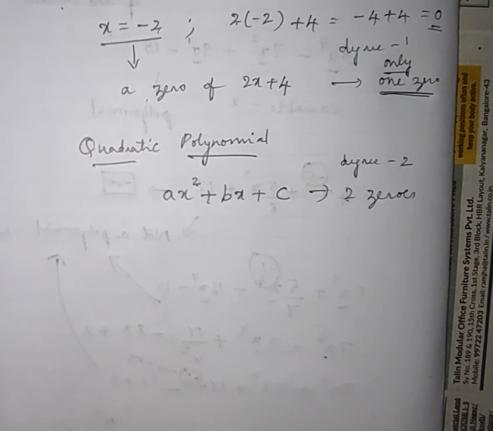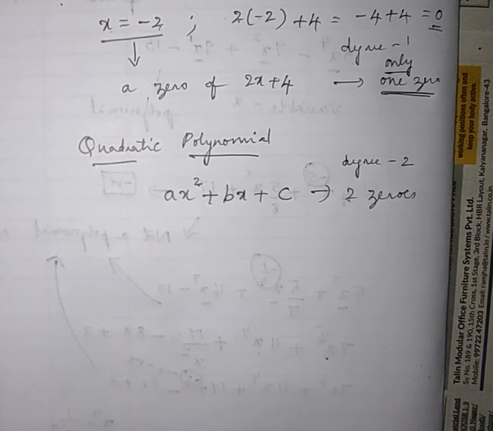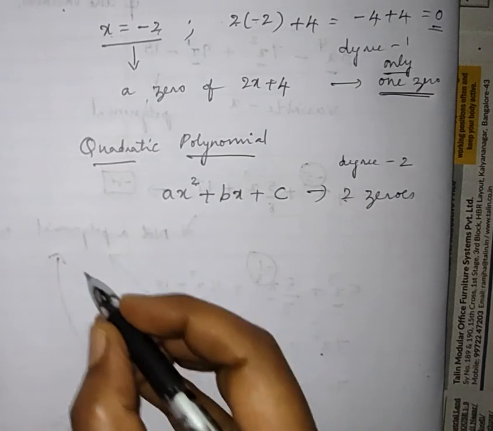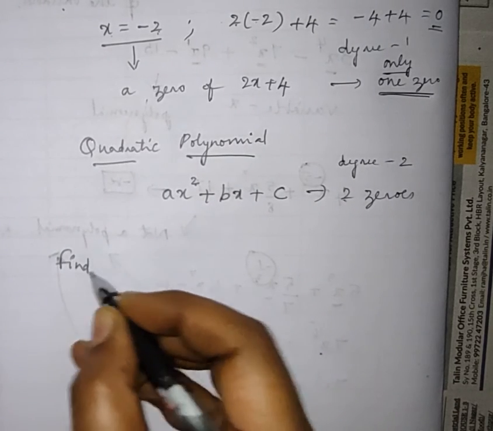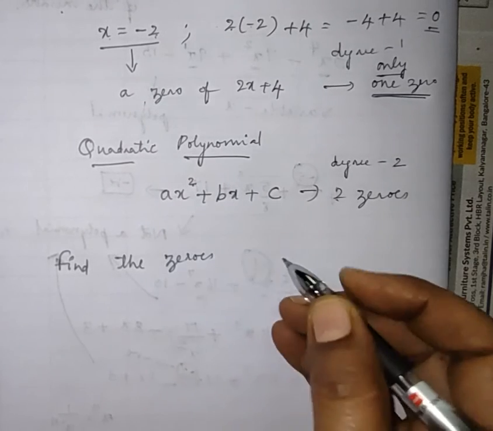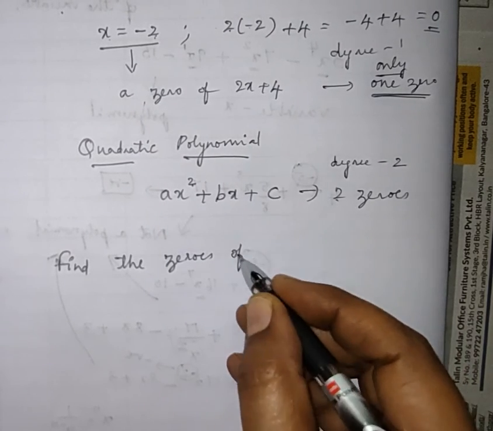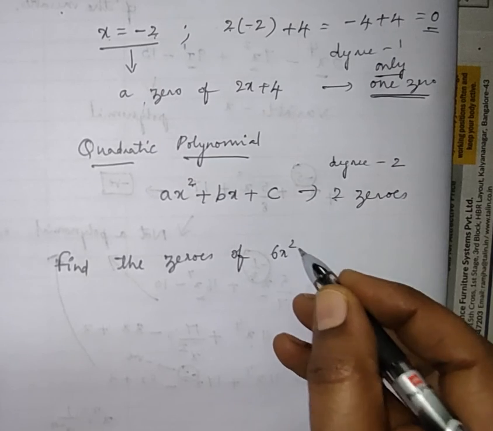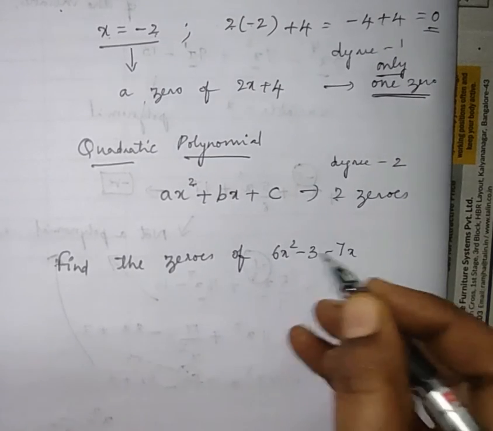Now let's solve a problem from the exercise. Find the zeros of 6x square minus 3 minus 7x.